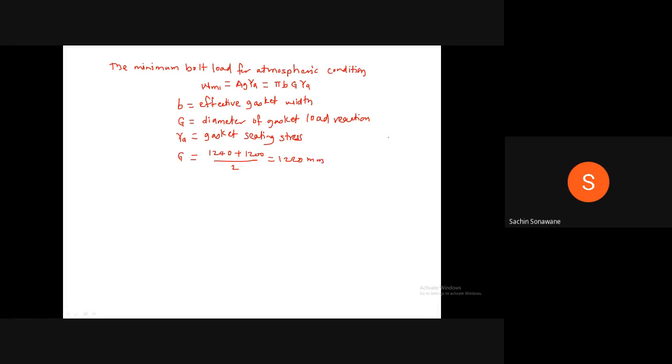Therefore we will calculate Wm1. Wm1 is equal to pi into 7.9 into 1220 into 11.2.